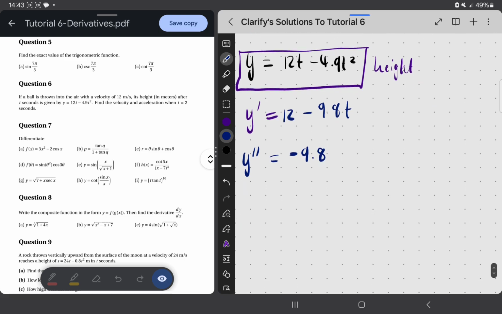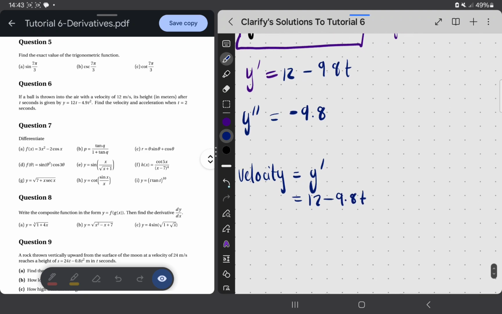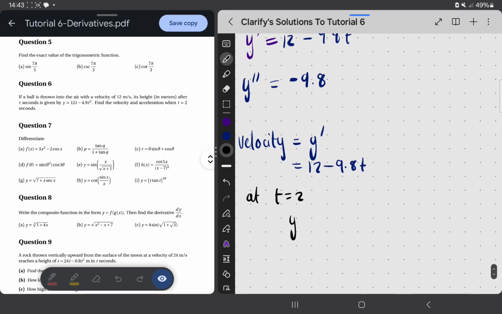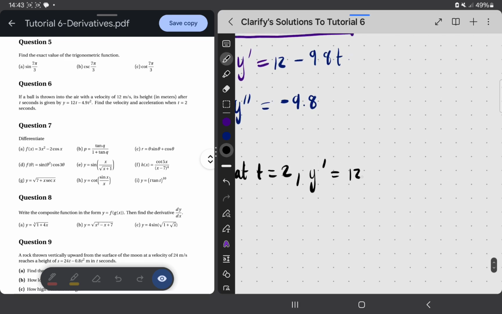Now you can say velocity is equal to y prime, which is equal to 12 minus 9.8t. So at t equal to 2, y prime will be 12 minus 9.8 of t, which is 2.